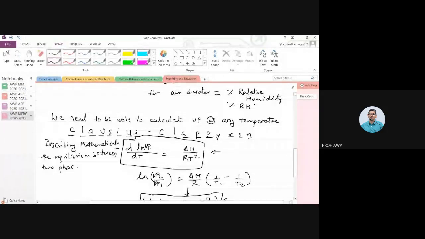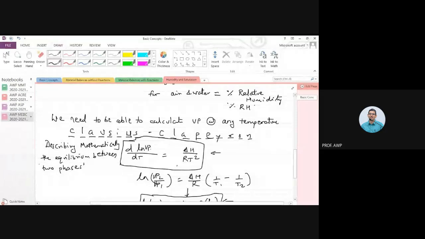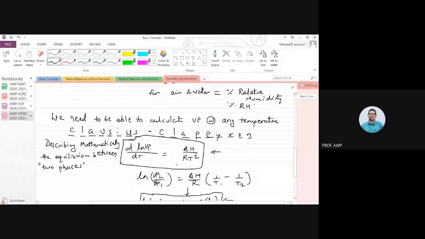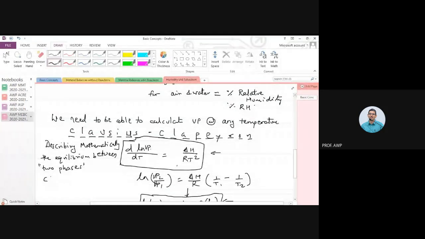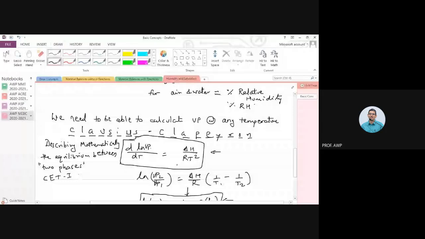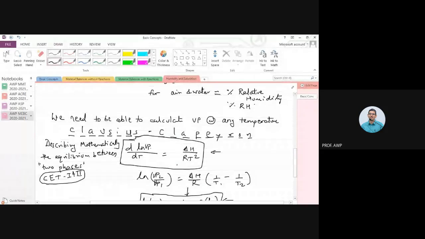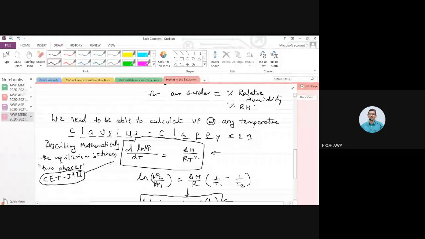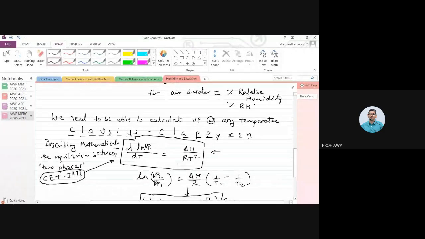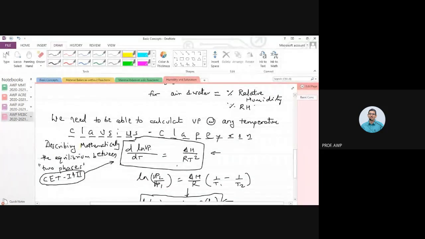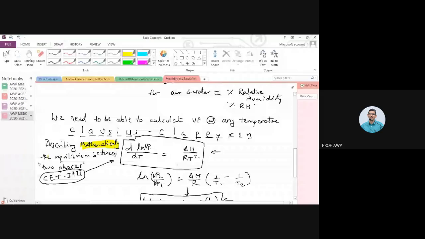In this case, what are the two phases that we have? Liquid water is one phase and water vapor is another phase. This is a part of chemical engineering thermodynamics 1 and 2. You will do this in semester 3 and semester 4, and there you will talk more about this Clausius-Clapeyron equation. But we are going to talk about many such equilibria, and we are going to describe them mathematically in a unified manner.